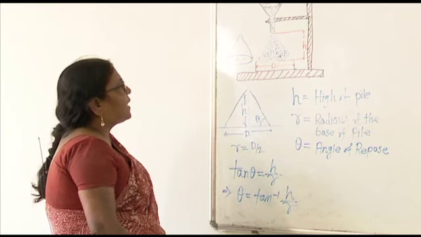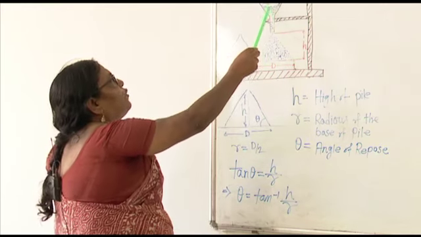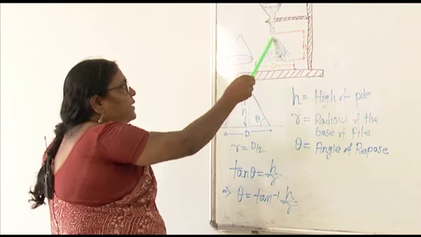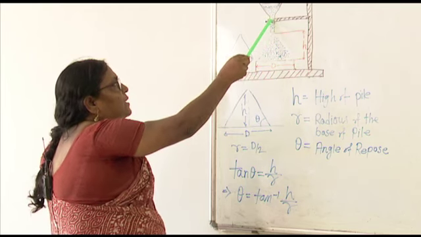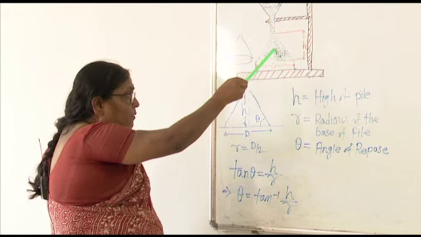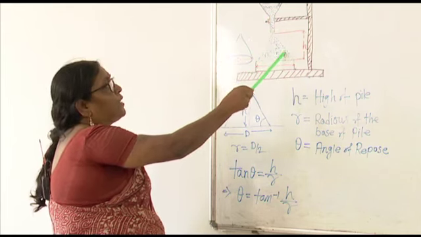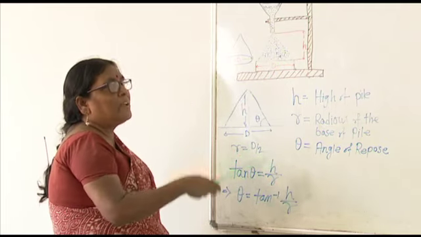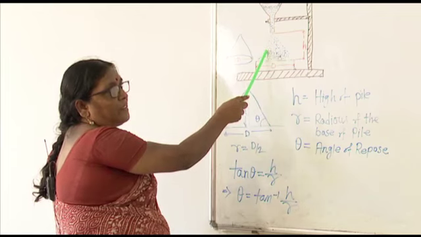Number one. Second, if you take the funnel even higher, then this distance will increase and the later particles will hit the former particles, the fallen particles, with much greater impact. That may change the angle.